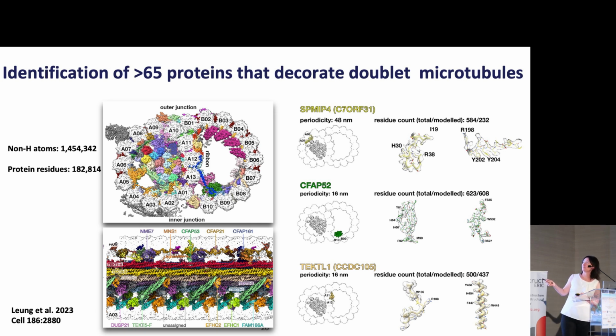I'm talking about big, yes, so this structure has close to 1.5 million atoms, which has 182 protein residues. So the best is actually to look at a movie, because then you can get the feeling of the whole structure.